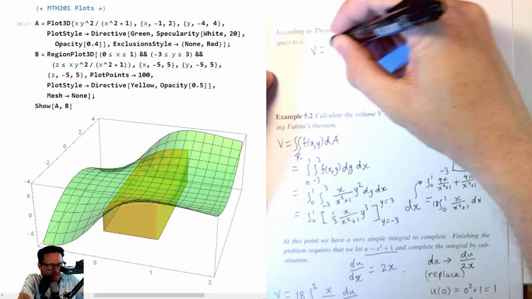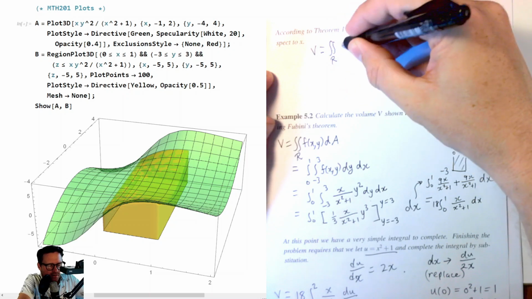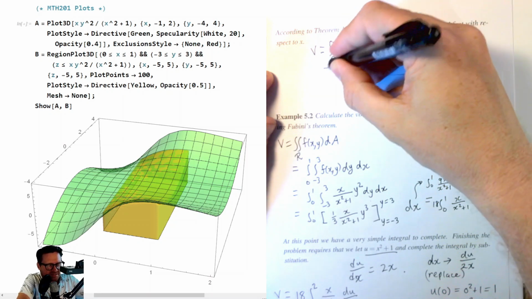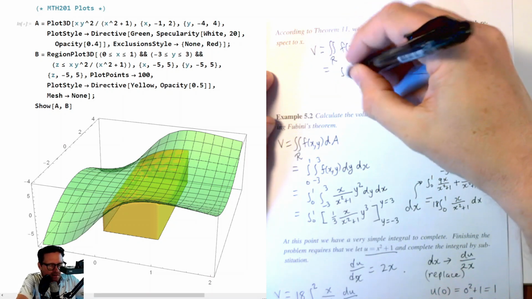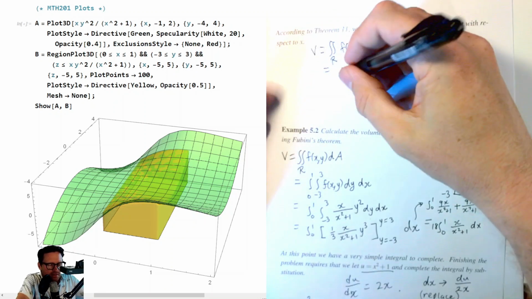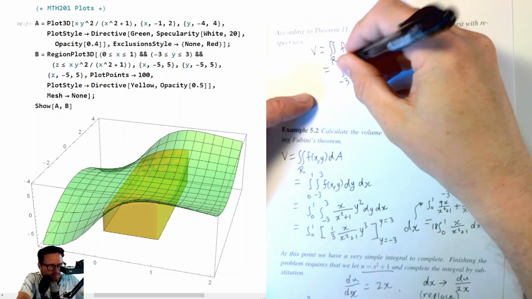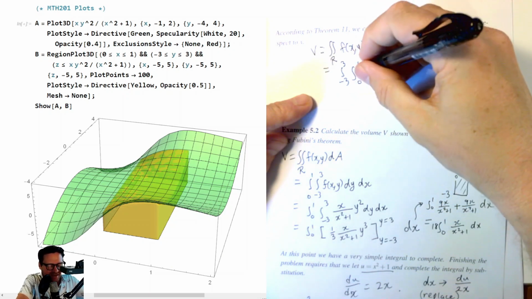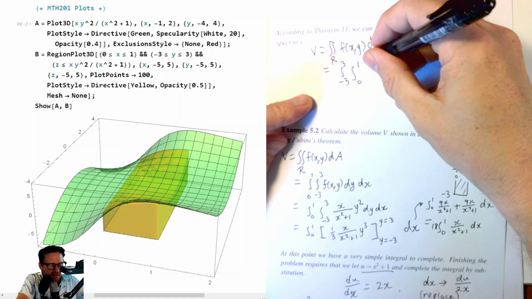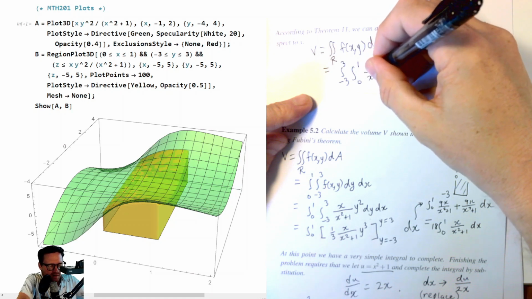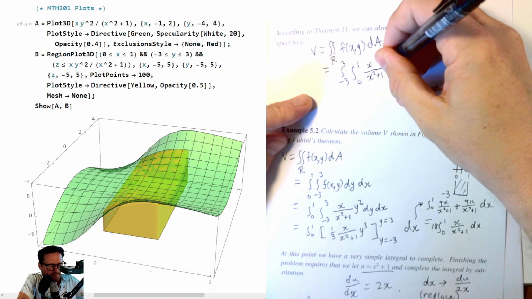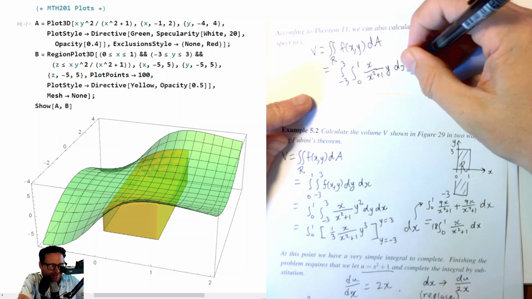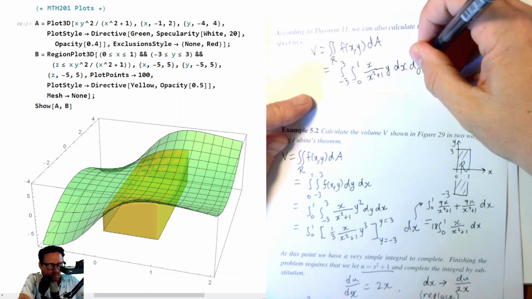And so we've got V equals the double integral over R of f of x and y, dA, but taking this the other way, as in integrating with respect to x first, we have x over x squared plus 1 multiplied by y, and then we're going to integrate with respect to x first and then with respect to y.